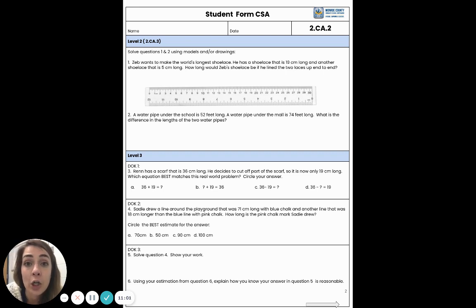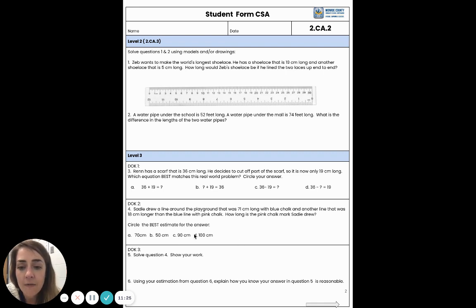And that can help me make a good estimation if I can think about what numbers are close to the other numbers. So if 71 is close to 70 and 18 is close to 20, well, 20 is two groups of 10. So I can say, 70 plus 20 would be 70, 80, 90. So it'd be close to 90.